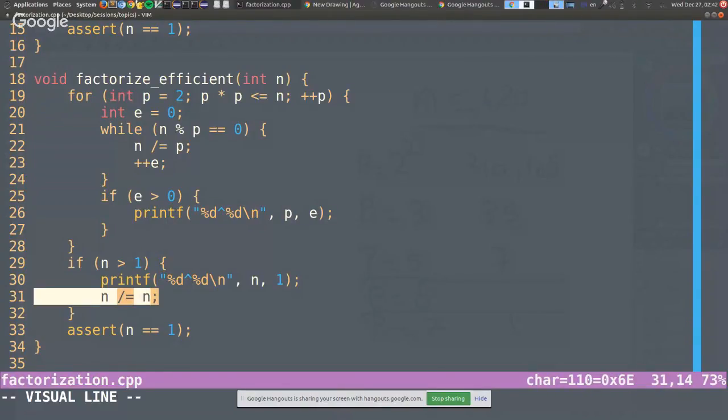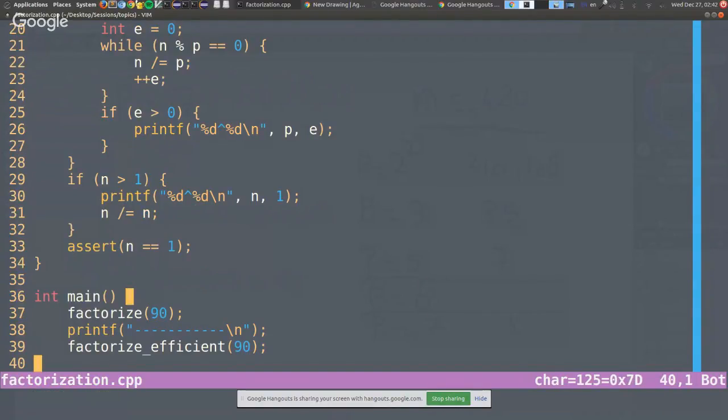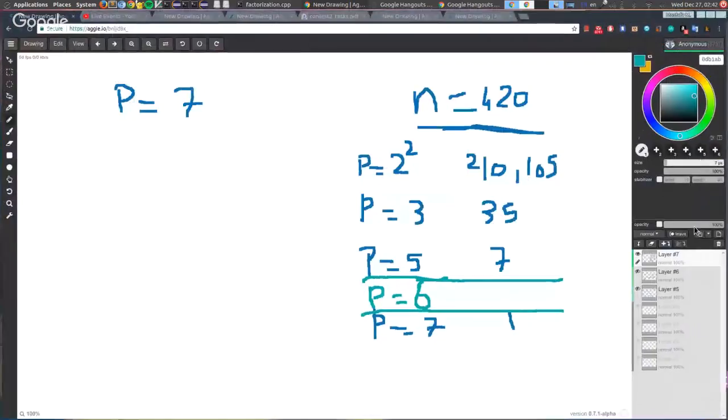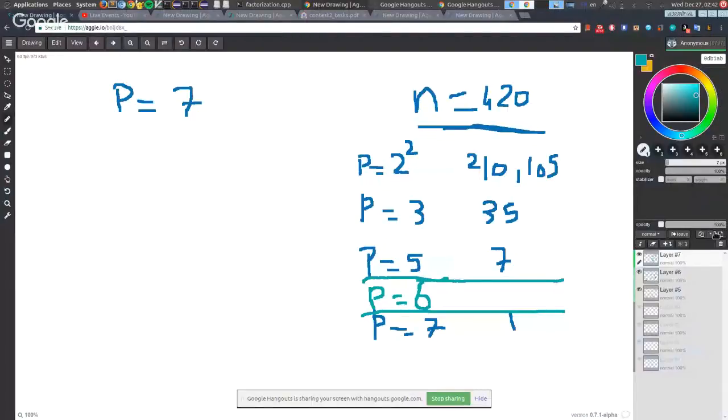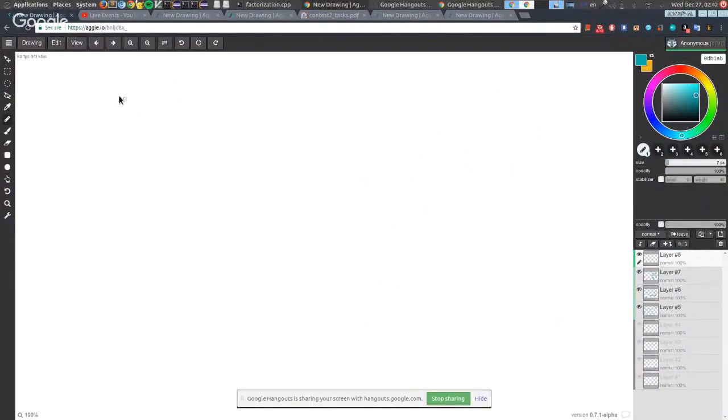Let's see, this we have done. So this was the integer factorization. I'll get to the sieve after that. The sieve operates, so we have the numbers.